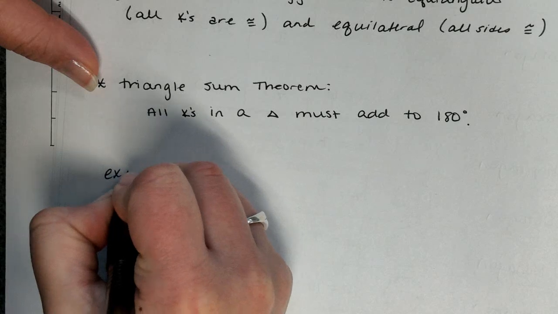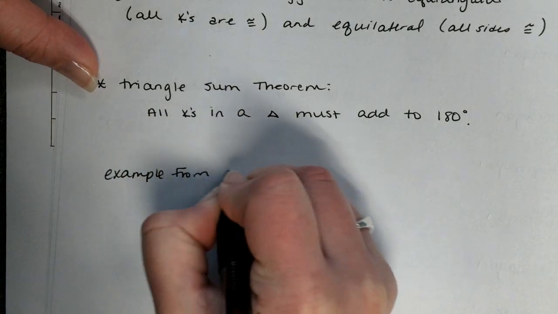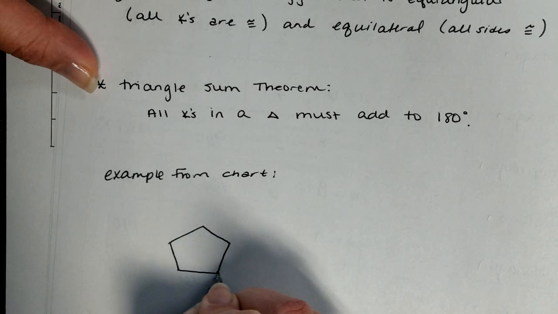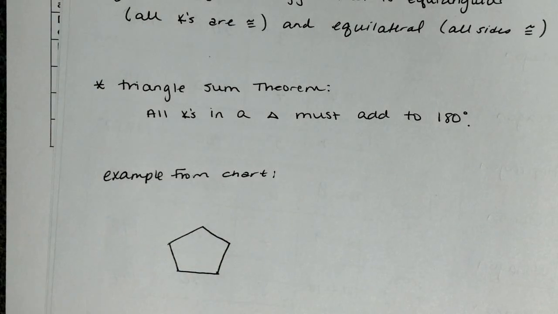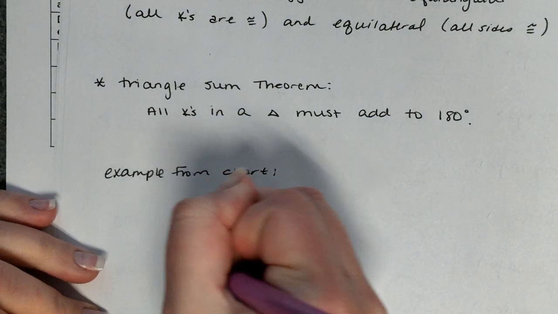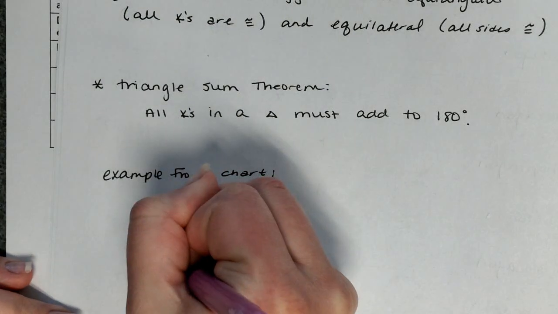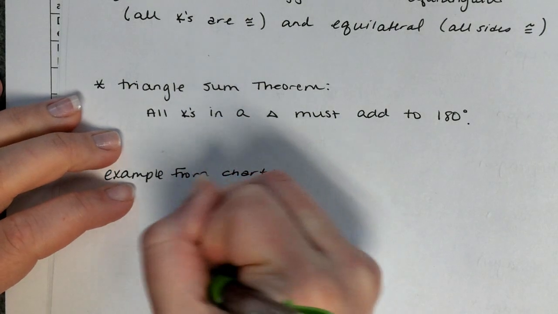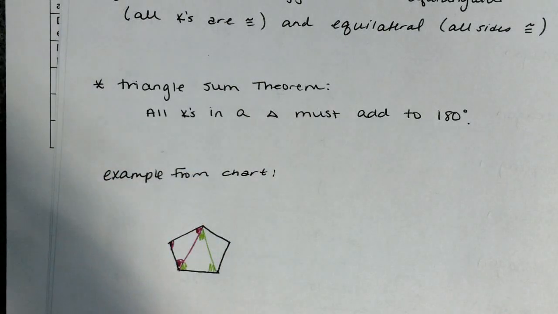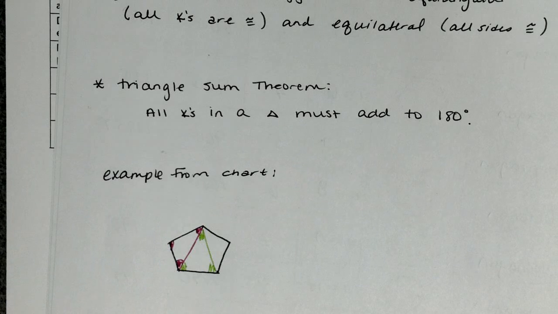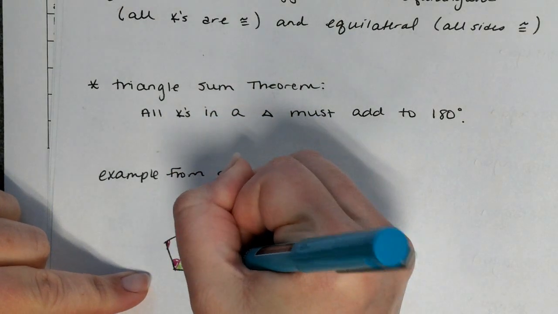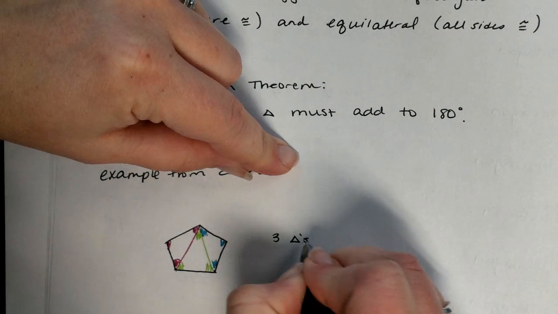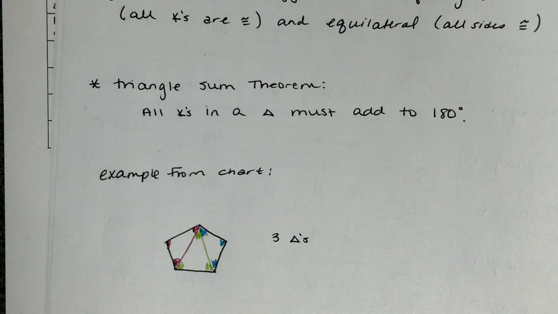So then an example that we did on the front from that chart, if I draw, let's say, a pentagon here, a 5-sided figure, what I could do is break it apart into one triangle, two triangles, three triangles, and what happens is I have three triangles, and I can see that all the pink add up to 180.